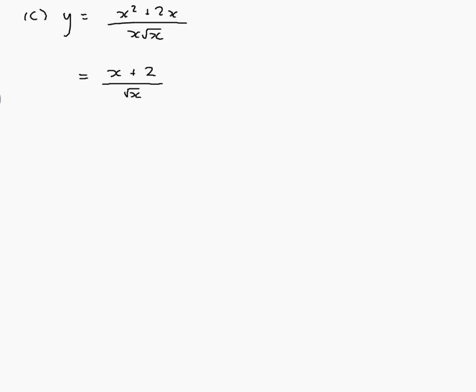And it seems to me that the quotient rule is still going to be too messy, so I think I should go: x divided by root x would be root x, and 2 divided by root x would be 2 on root x. So that's just x to the half plus 2x to the minus a half.